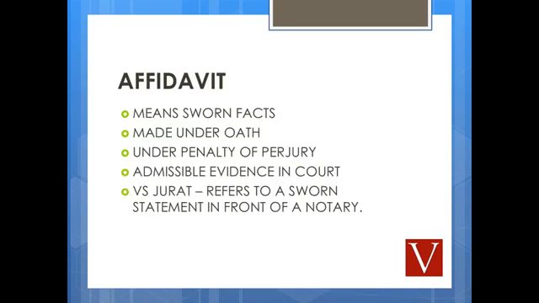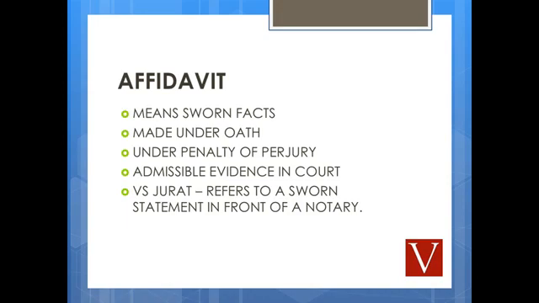Next one, affidavit. What's that? Affidavit means sworn facts. These are sworn facts made by a person under oath, which is under penalty of perjury. Okay, so this is admissible evidence in court.